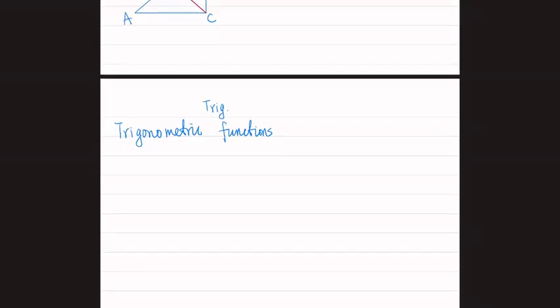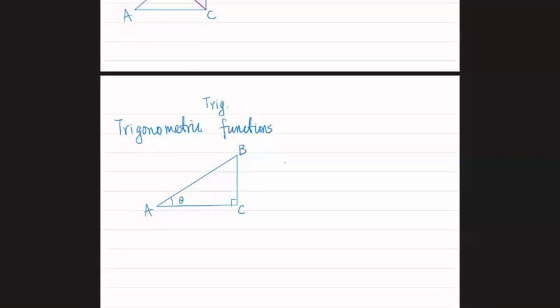Two basic ones: consider a right triangle with angle theta over there, then you can define two functions.